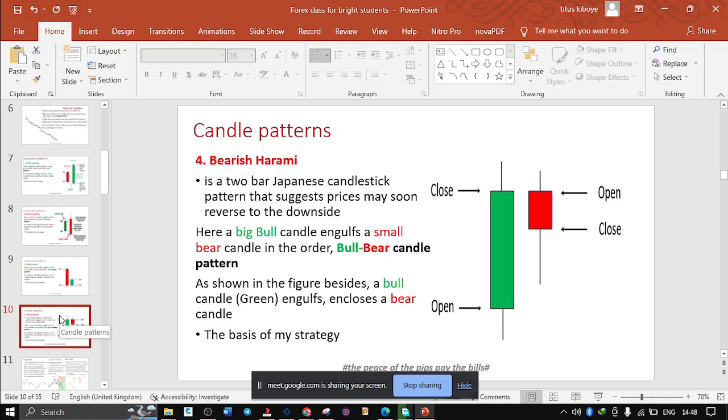No, we continue. So put much emphasis on slides 7, 8, 9, and 10.